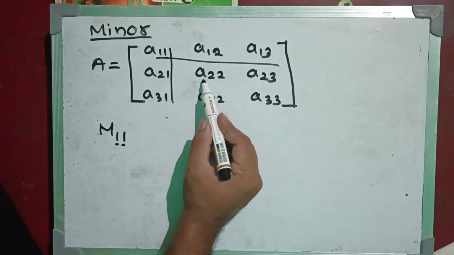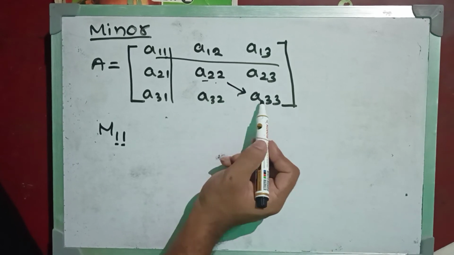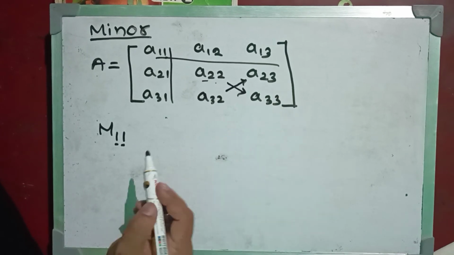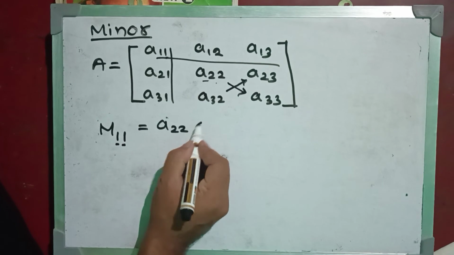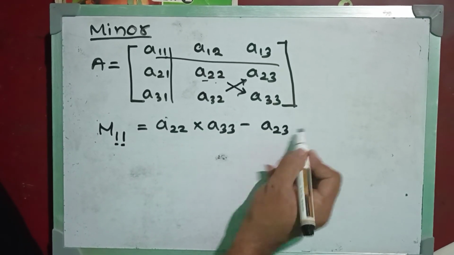So it will be a22 into a33 minus a32 into a23, that is the minor here. A22 cross a33 minus a23 into a32.